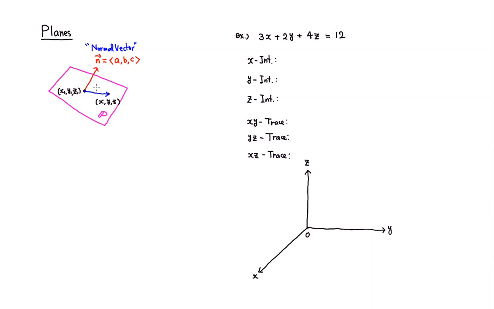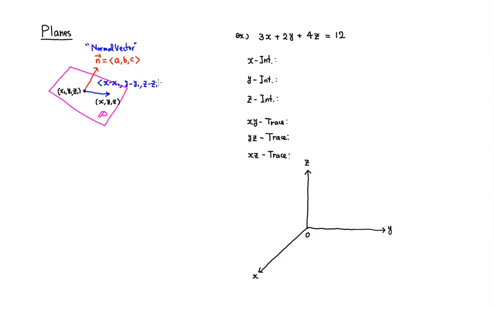So this vector is going to have components x minus x1, y minus y1, and z minus z1.